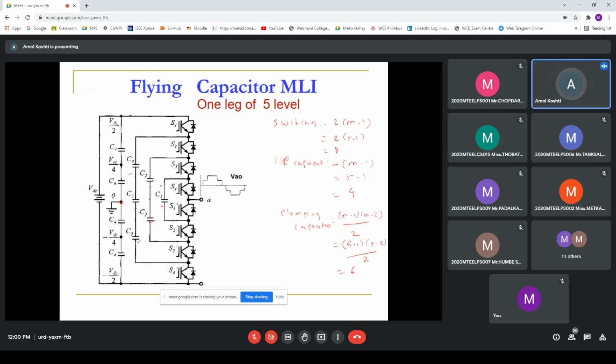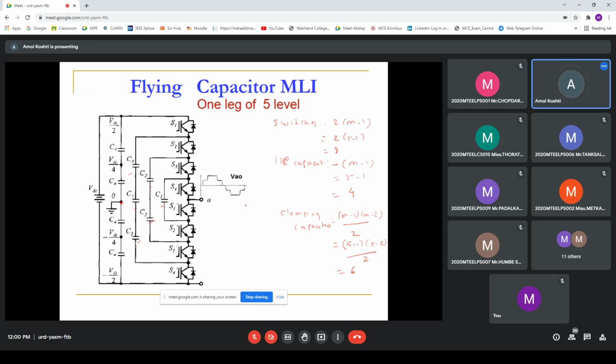Maybe for 15-20 minutes, these clamping capacitors will also provide a backup. Then, as compared to the diode clamp inverter, the count of the diodes in the diode clamp inverter was more, whereas the capacitor count here is almost half.